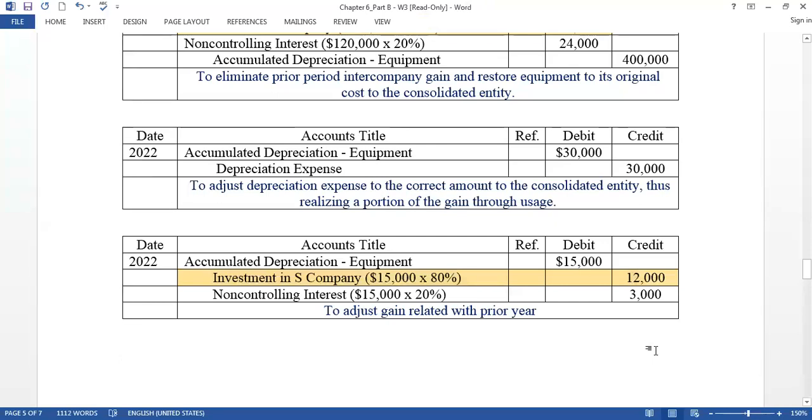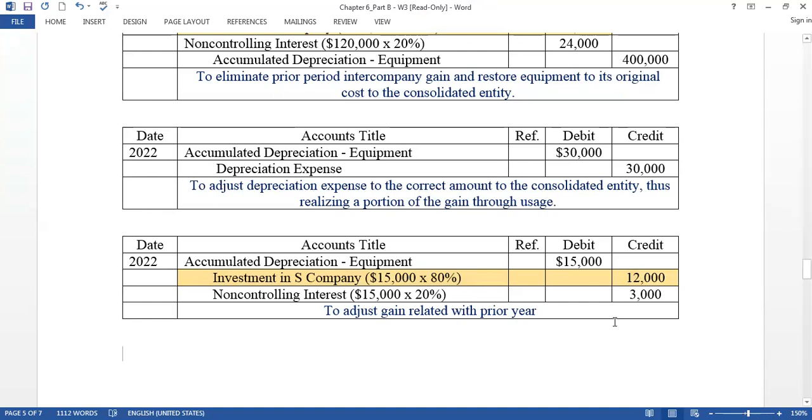Because according to the equity method, I mean the complete equity method, every gain or loss is going to adjust with the investment account. But if it is the cost method or partial equity method, we just record retained earnings here.